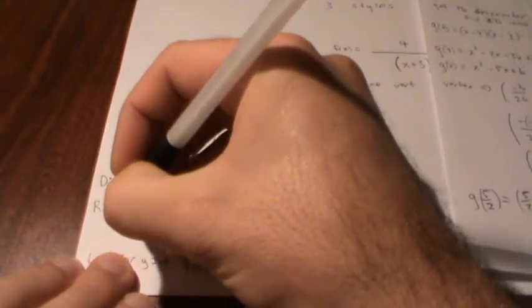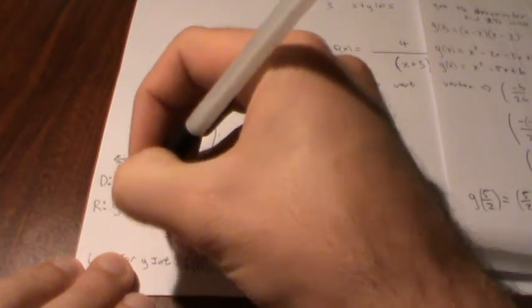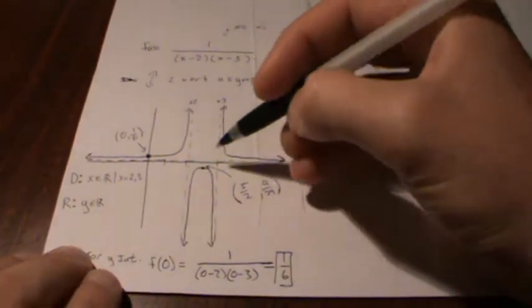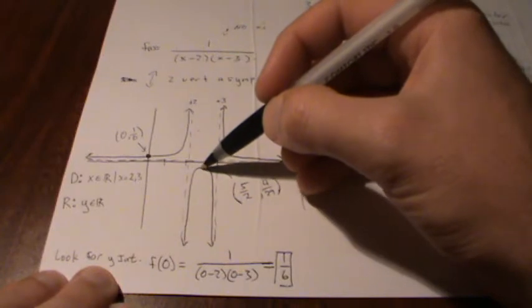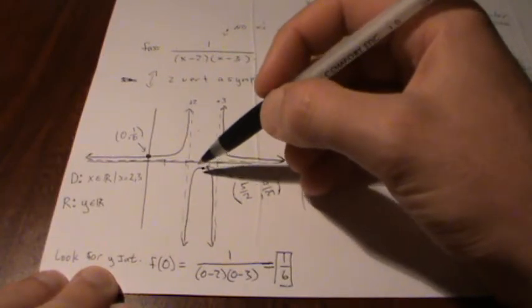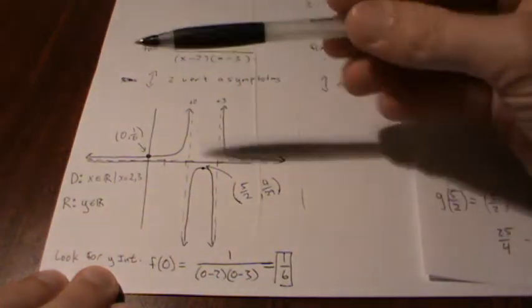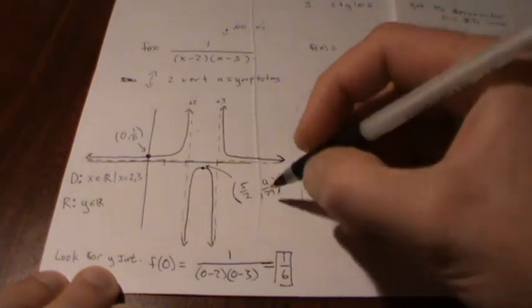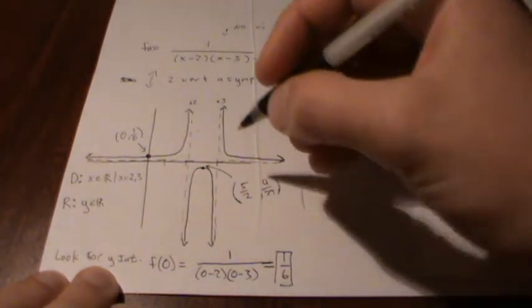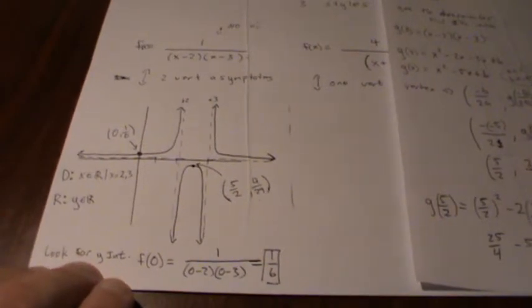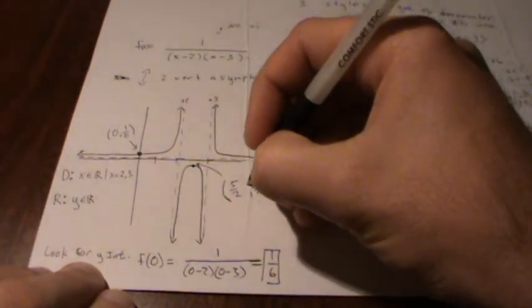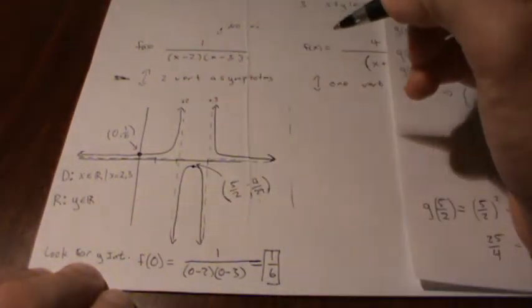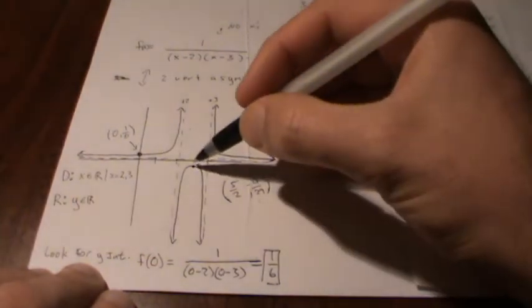Now the range is y is a real number such that, now the reason why we did want to find this point right here is because now we know that the range is everything above 0 and then everything below this value, 4/29. Okay? Oh, by the way, sorry, this is going to be negative 4/29, because it's down there.